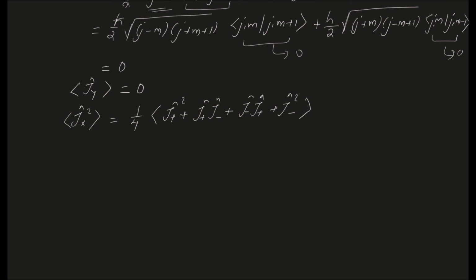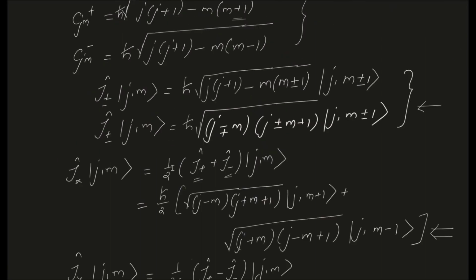And similarly the expectation of jy² is given by minus 1 by 4 then the expectation of (j plus)² minus j plus j minus minus j minus j plus + (j minus)².